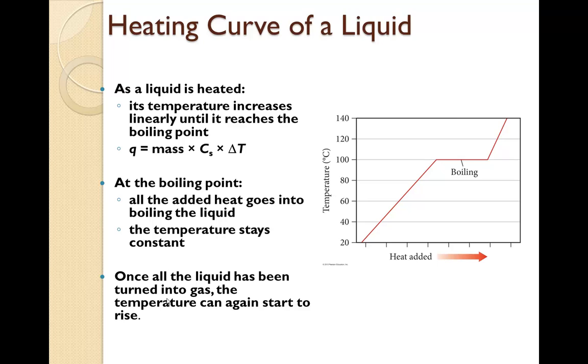As the liquid is heated, its temperature increases linearly until it reaches the boiling point. So the heat is added and the temperature increases. C is the specific heat that you most likely learned before.